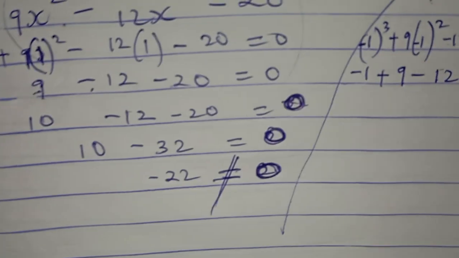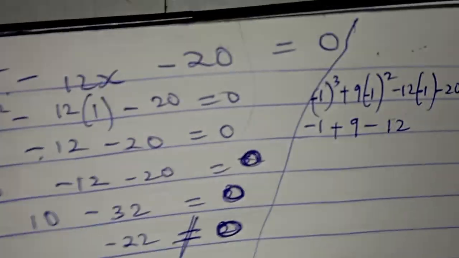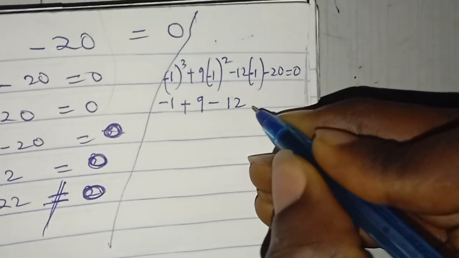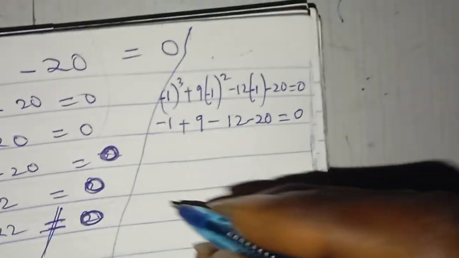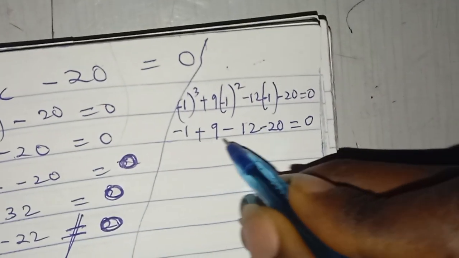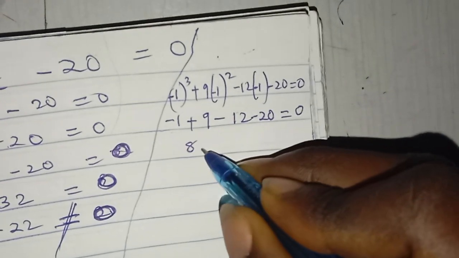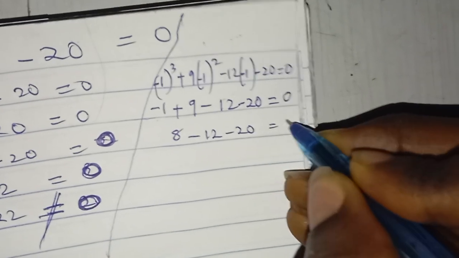So if I know that, I'm going to now have the minus 20 equals to 0. So notice that this is going to give me the same thing as saying minus 1 plus 9 is 8, minus 12 minus 20 equals to 0.